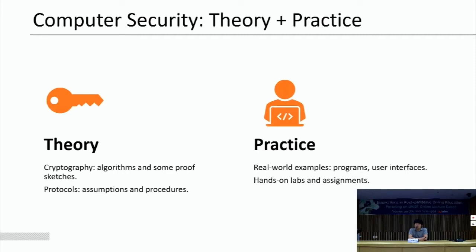In the theory part, we introduce some algorithms, proof sketches, or protocol concepts using slides. And in the practice part, we introduce techniques of how we can hack some systems or how we can defend against those attacks, with hands-on labs, assignments, or demonstrations.